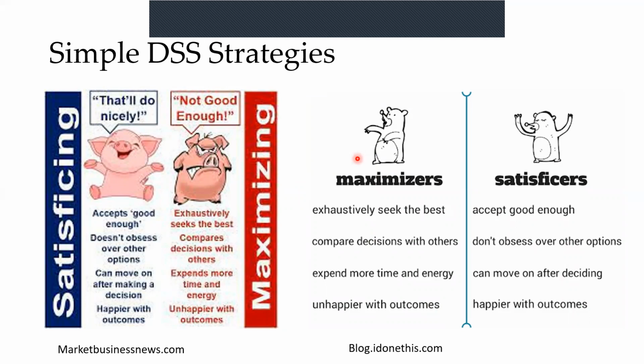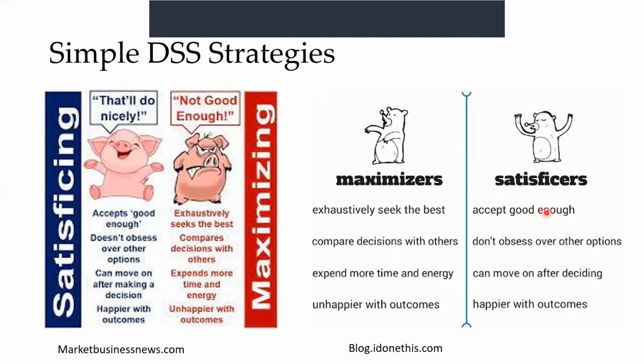We can describe a person as a satisficer or a maximizer. A maximizer seeks the best solution or decision. The person compares decisions with others, spends more time and energy in making the decision, and usually is unhappier with the outcomes versus a satisficer.